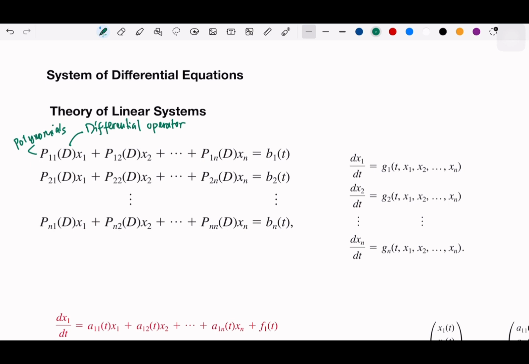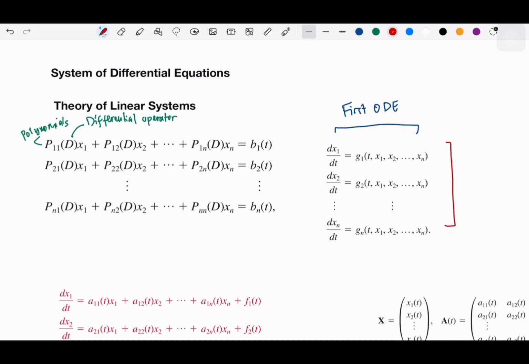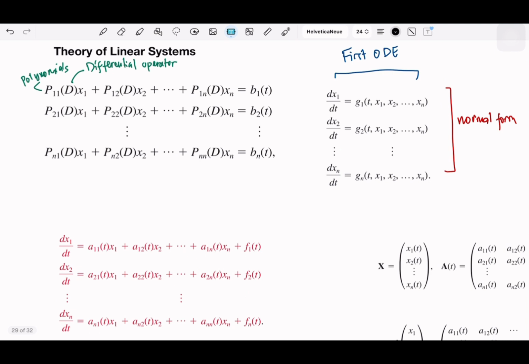And we say that we have the first order, the first order ODE, if you remember, and this is what we call the normal form. If we write in this way, that will be the normal form of the first order system. And we call this a linear system in the ODE.